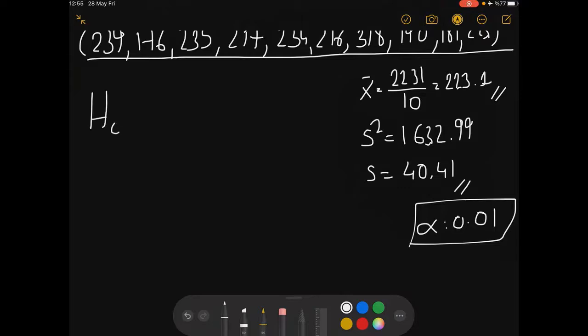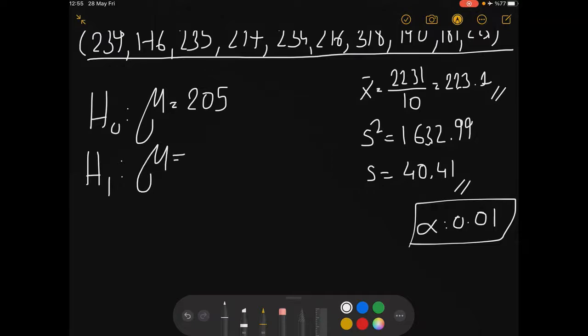So build your null hypothesis first, which is your mu equals 205. Your alternative hypothesis is mu is not equal to 205. That's it.